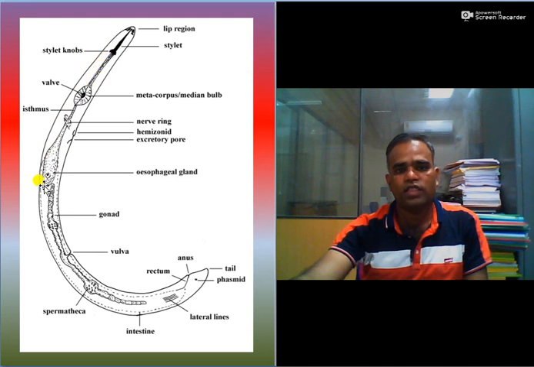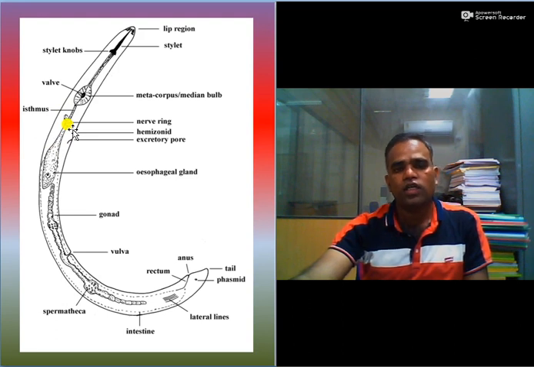The esophagus contains three parts. One is the procorpus, which is followed by a valve or bulb like structure called the metacarpus or median bulb. Then it is followed by an organ called the isthmus, on which there is another system of the nematode, the nerve ring.